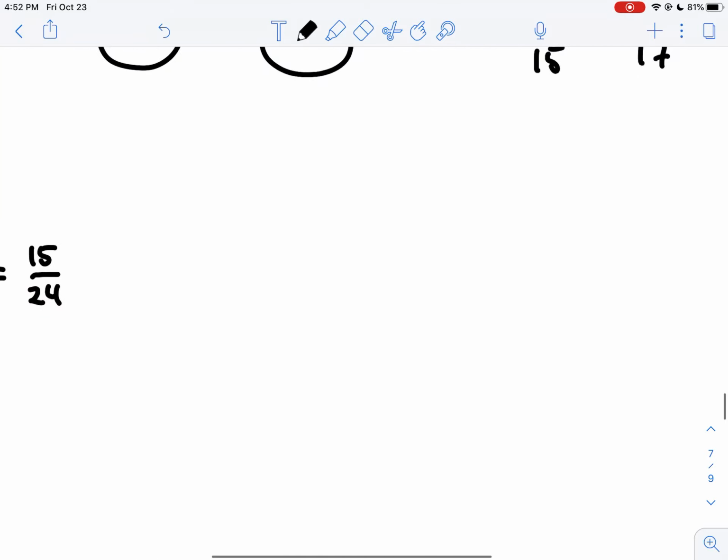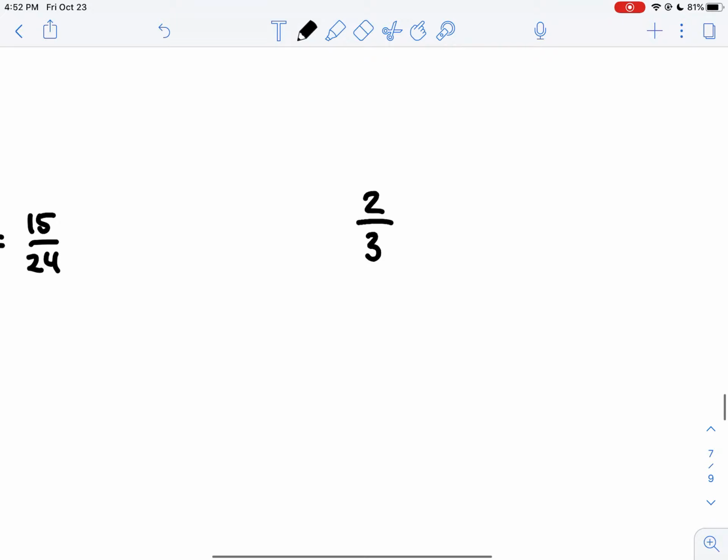Another option you could have done here, though, is to get a common numerator, right? So we had 2/3 and we had 5/8. The common numerator would be 10. I can get each of these up to 10 by doubling the 5 and the 8, and by multiplying the 2 and the 3 by 5.